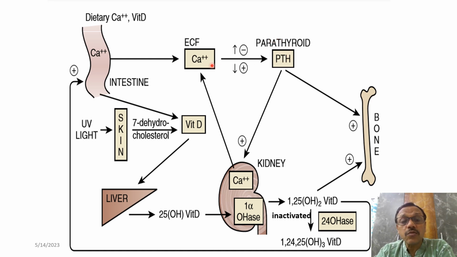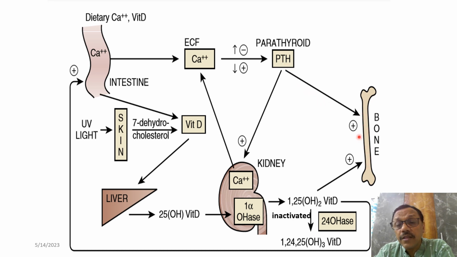So in response to a low amount of calcium in the plasma, what is happening? This parathyroid gland is stimulated and parathyroid hormone is secreted, which is going to work on three main organs. Number one, it will go to the bone.